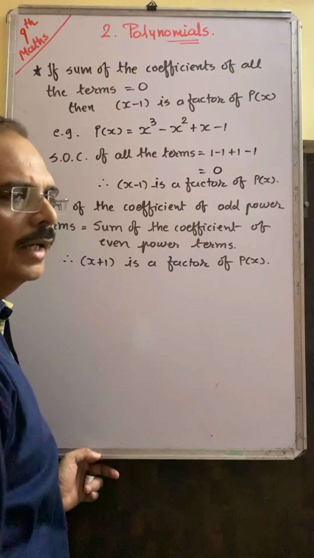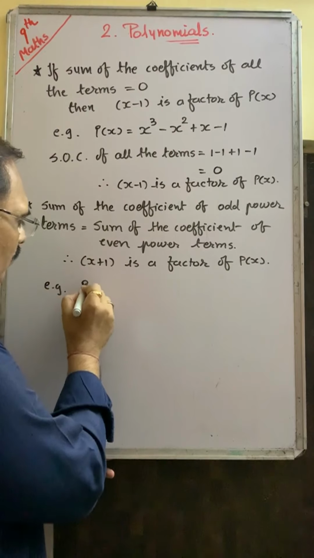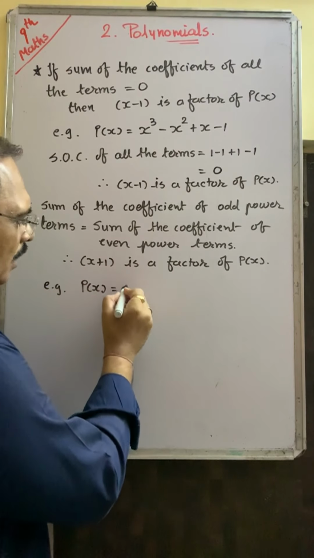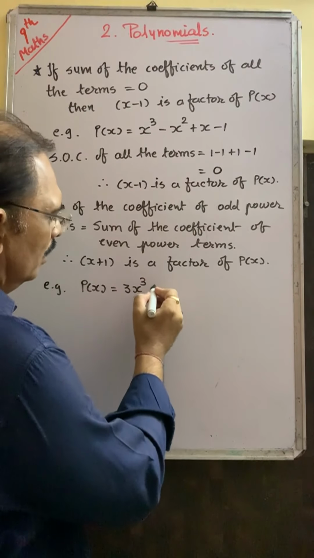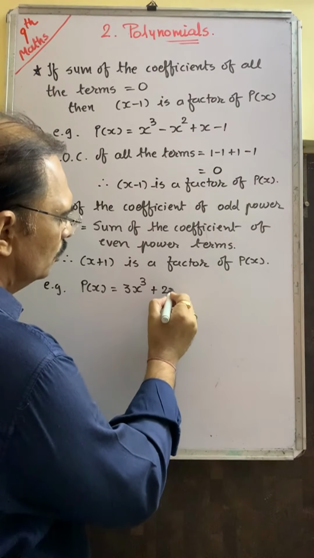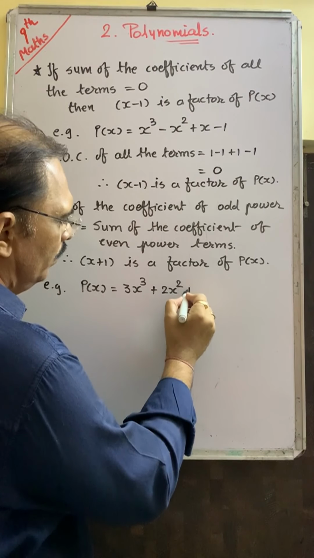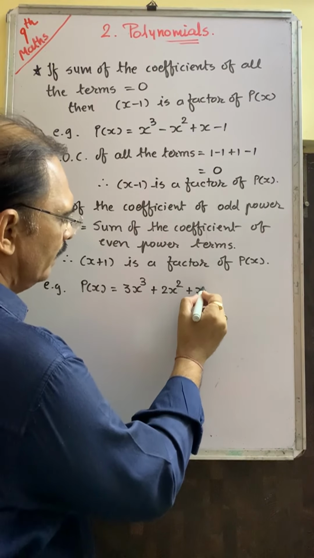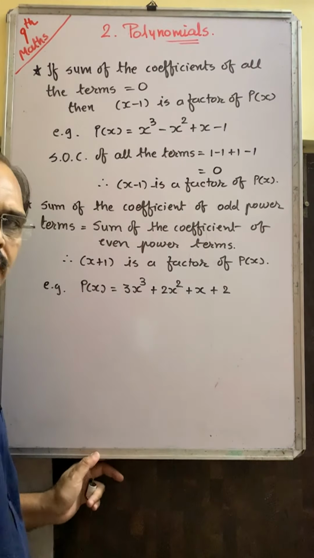Polynomial is over x. As for example, see, polynomial, let 3x cube plus 2x square plus x plus 2. Is it okay?